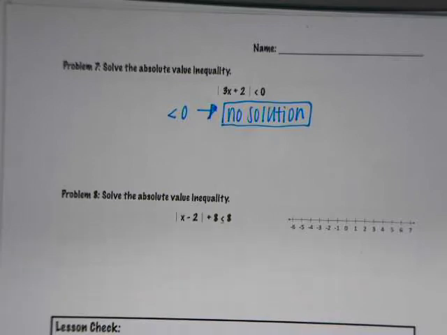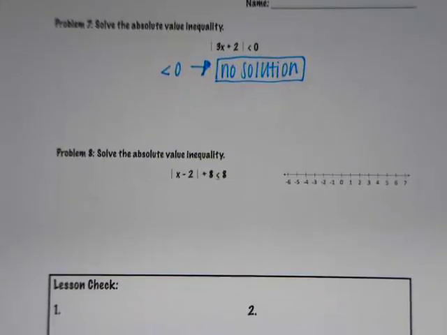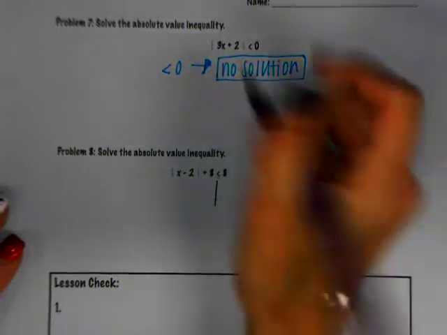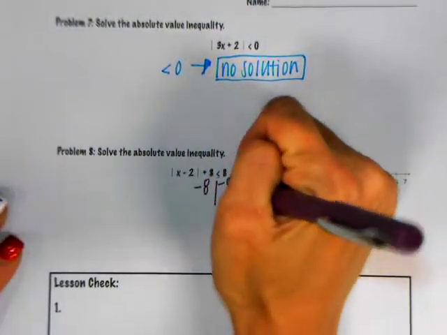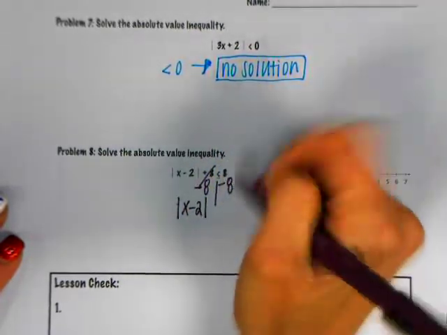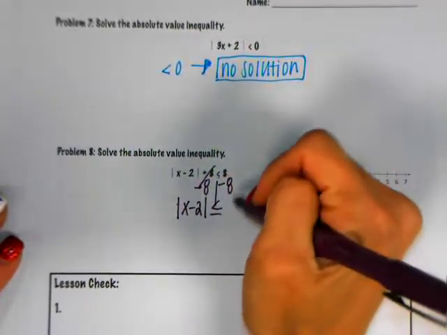All right. Problem 8. Is the absolute value by itself? No. So what do I have to do first?